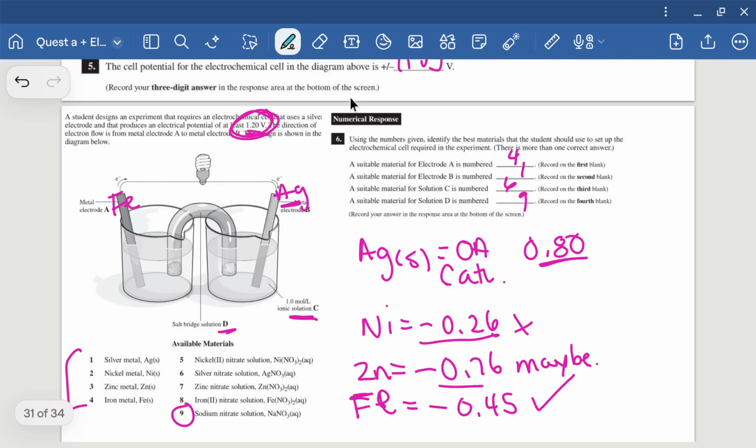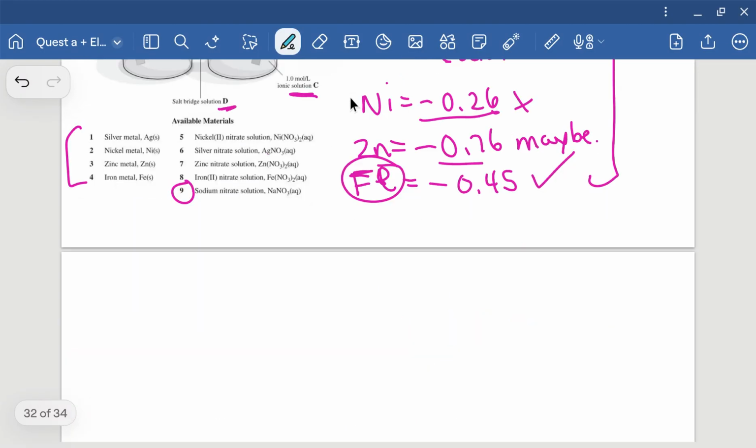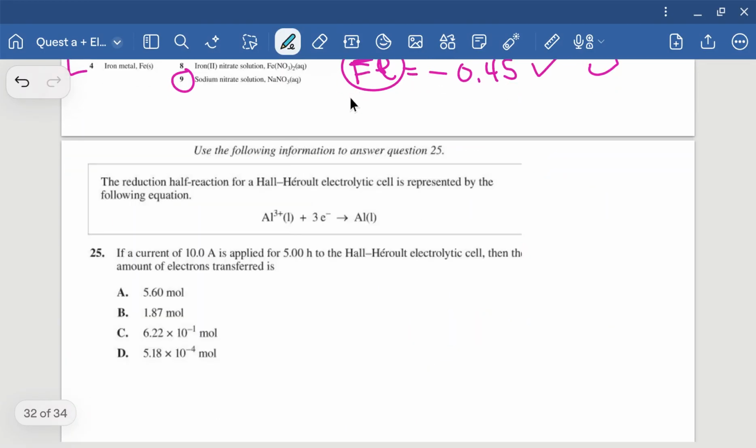So once you figure out your cell potentials and the metal used, then the rest is not too bad for a theory question. And the last couple questions have to do with Faraday's constant. So this one is essentially nice and easy. We have the half reaction, and then it's just asking about the moles of electrons transferred. So you'll find that moles of electrons equals your current times time divided by Faraday's constant, but your time has to be in seconds.